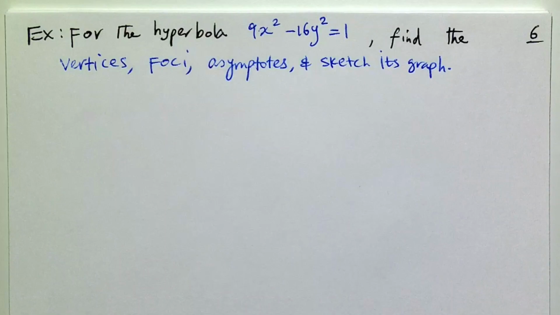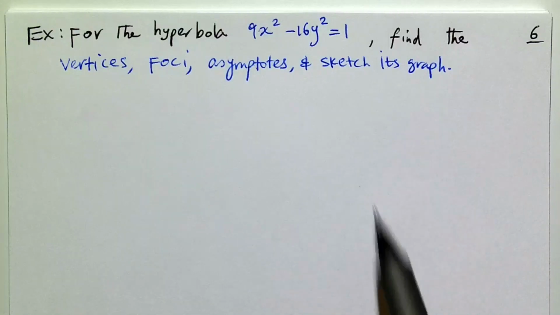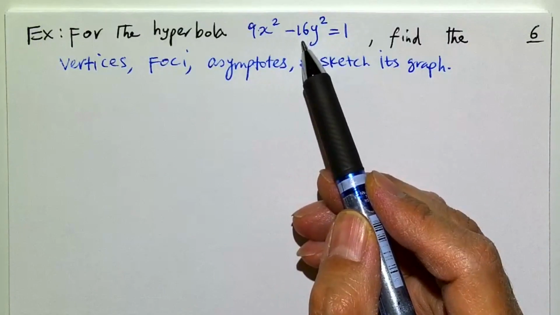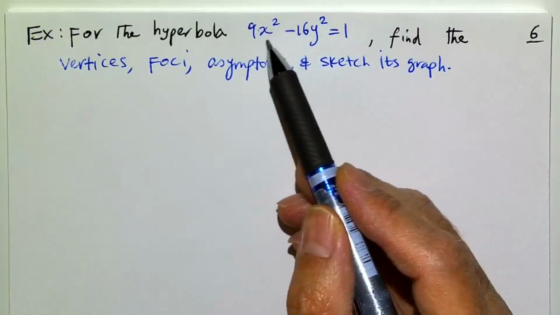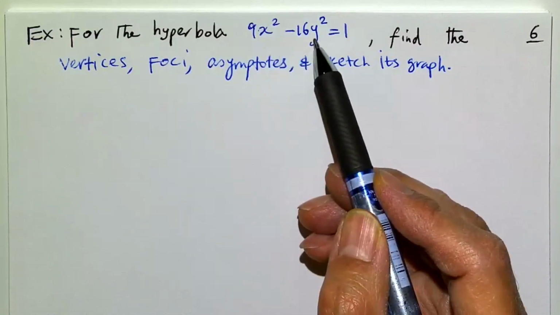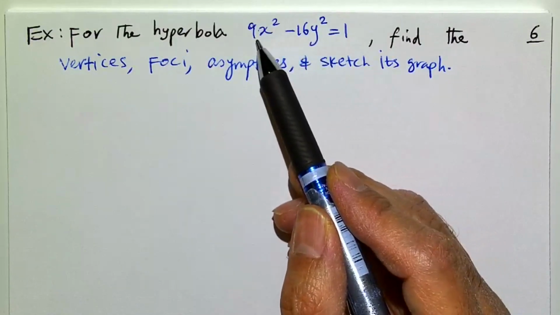All right, so in this example, what's worth noting, guys, is that in all the examples we've done so far, the coefficients of the x squared and y squared terms were 1. But in this case, we have a coefficient for x squared and y squared that is not equal to 1.